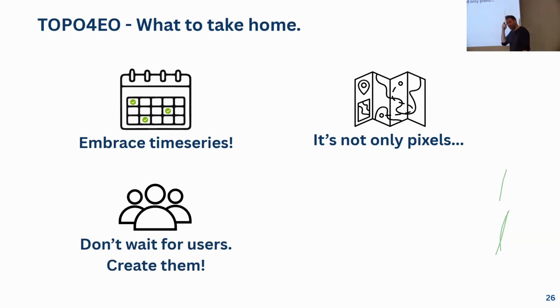Lastly, this is more addressed to data providers. When you talk to people, you sometimes hear, yeah, people don't ask for the data, so they don't have any use case for that, or, we don't see that people are downloading it. But the point is, don't wait for users. Create them. Because in the end, people start using the data if they are able to access it and work with it.